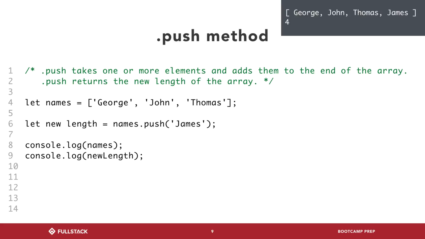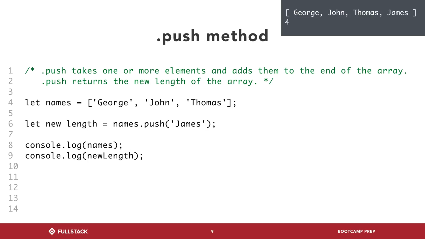Don't ignore that. So dot push. Dot push basically just allows you to take one or more elements and add them to the end of the array. That's pretty much it, right? Imagine you have an array, and when you push, you're literally shoving things onto the end of the array. And what it does is it gives you back the new length of the array. One thing to note here is that sometimes you don't care about the new length, right?